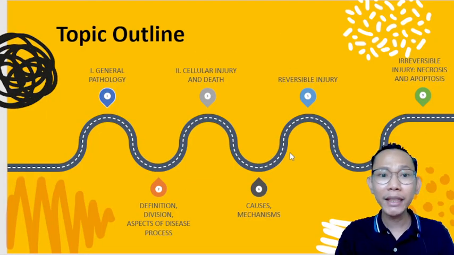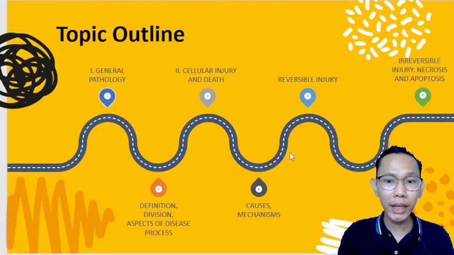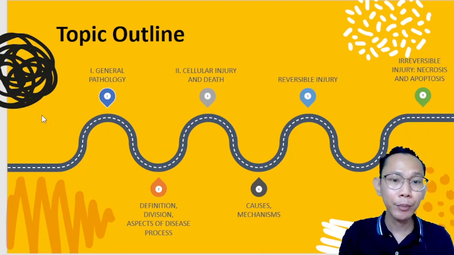For us to be guided in our discussion for today, this is going to be our topic outline. First, we will define general pathology, the importance and the different definitions or terms related to general pathology. This is the first topic that we will discuss. We will check the division and the aspects of disease process of pathology.